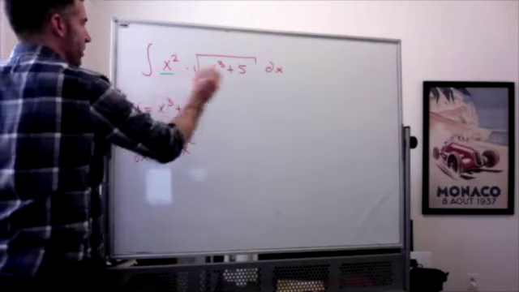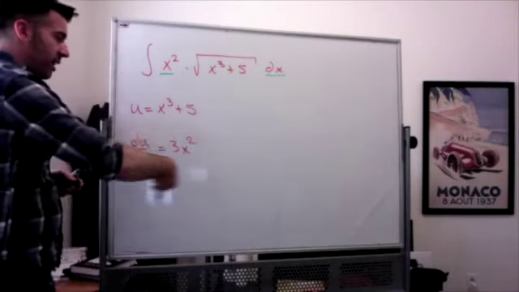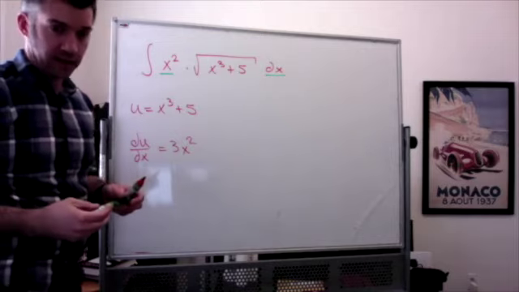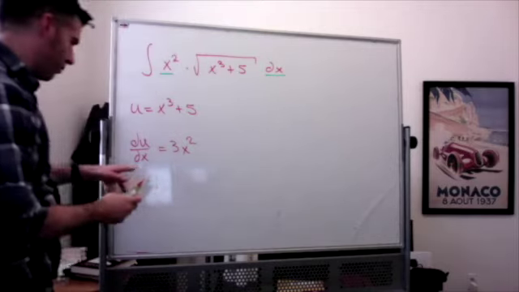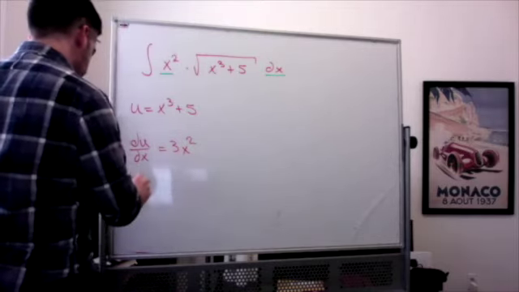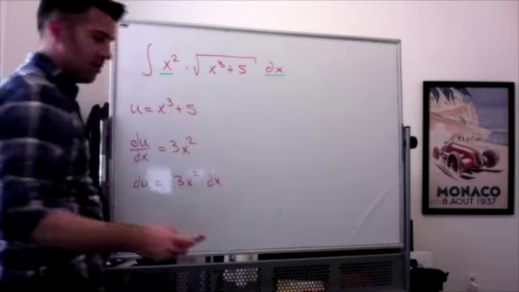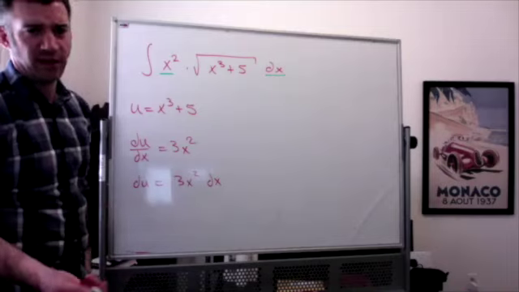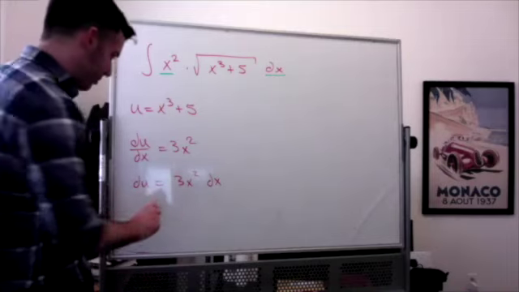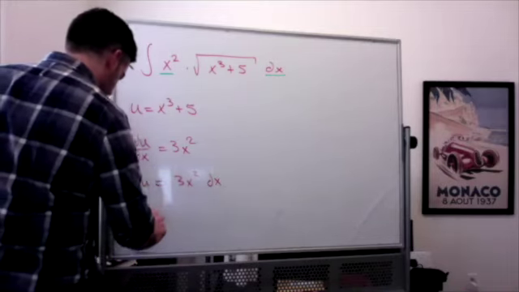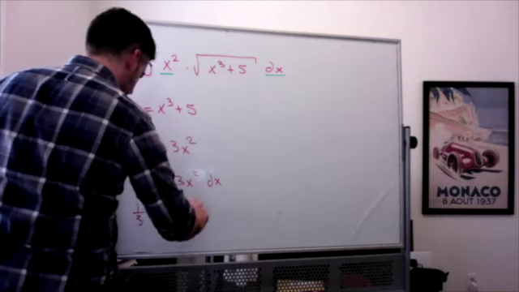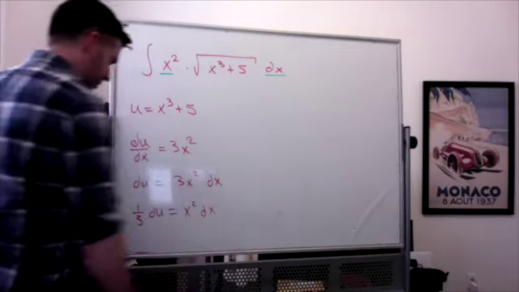I'm going to try and make this look like I have an x squared dx. So I'm going to bring the dx over: du equals 3x squared dx. Then divide both sides by 3, so that 1/3 du is equal to x squared dx.